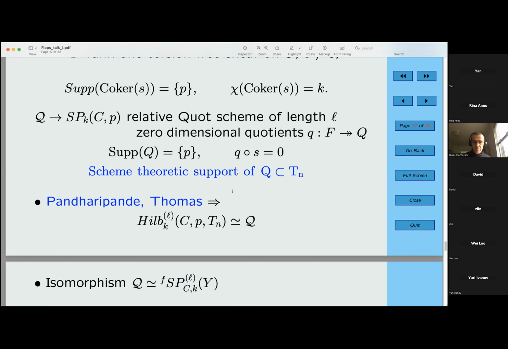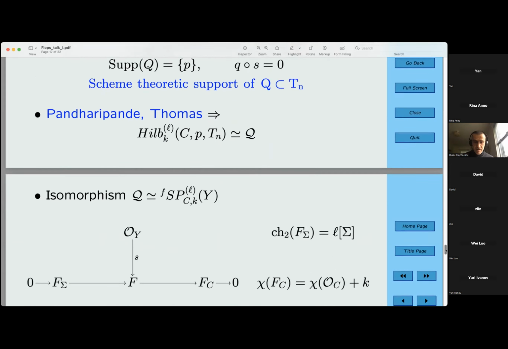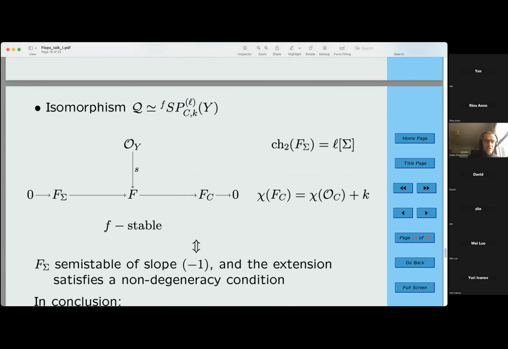We can use results of Pandharipande and Thomas to prove that the flag Hilbert scheme is equivalent to this Quot scheme. So this is the first step: we are converting this flag Hilbert scheme into something that has to do with stable pairs, but these are just stable pairs on the curve. And then the second step would be to try to extend to make a connection to these F-stable pairs on the threefold.